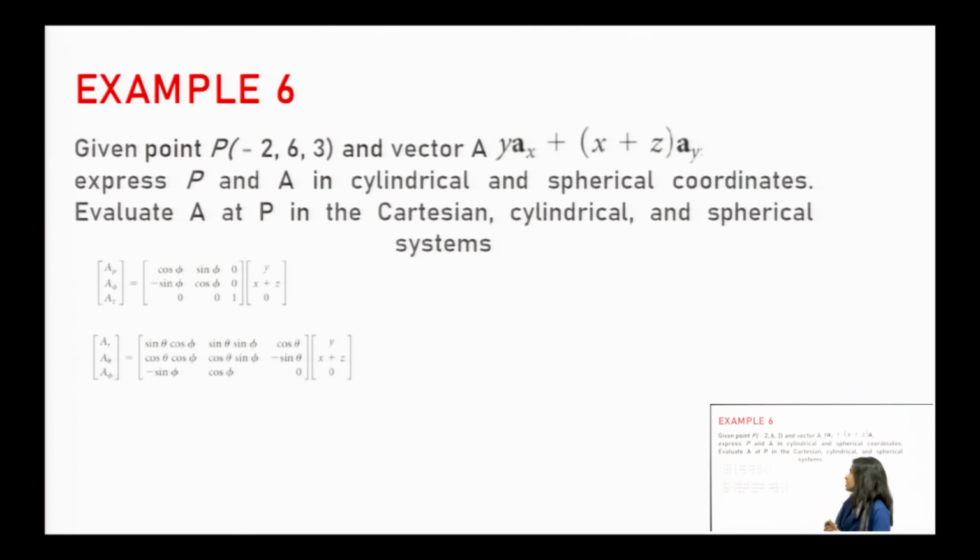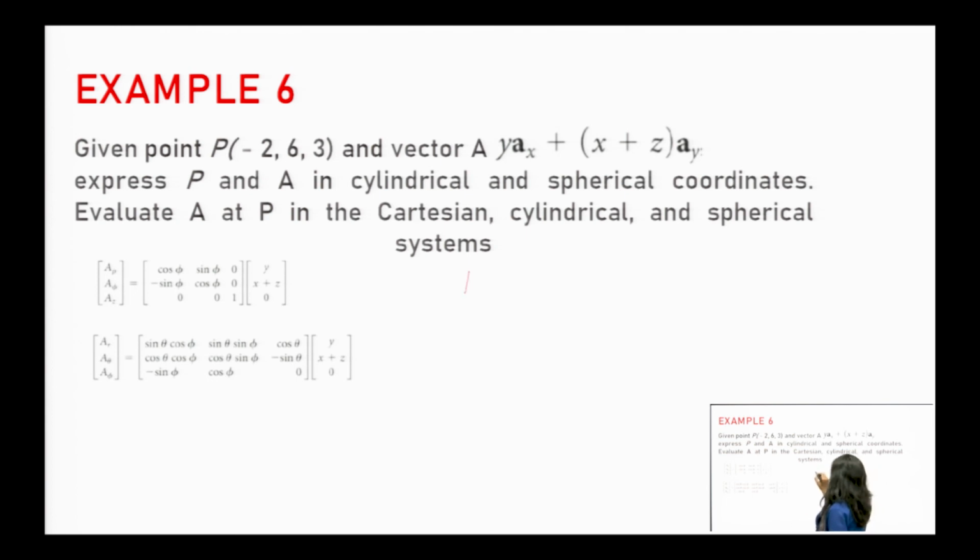In transformation, we usually transform two things, that is point transformation and vector transformation. For point transformation there are various formulas, and for vector transformation also there are various formulas.